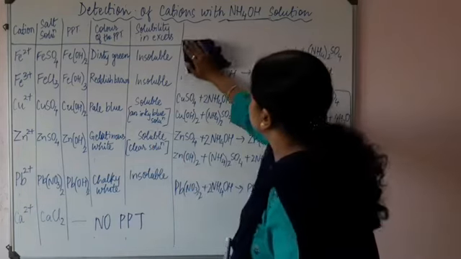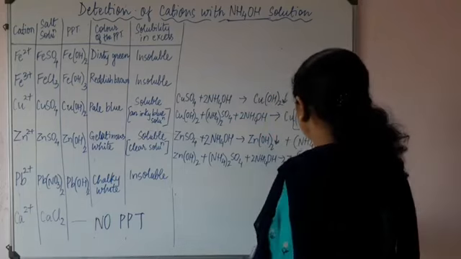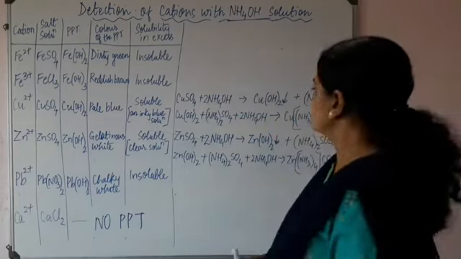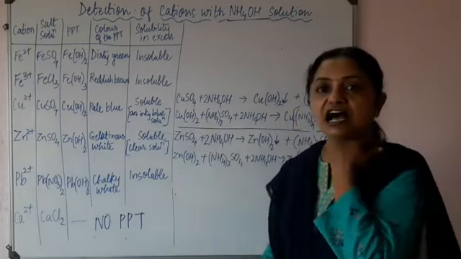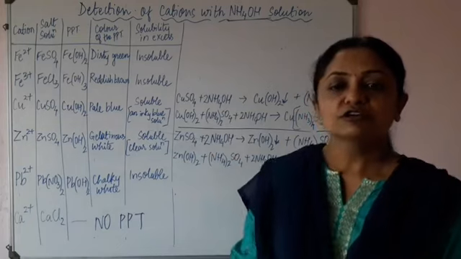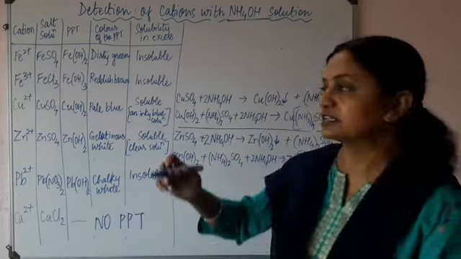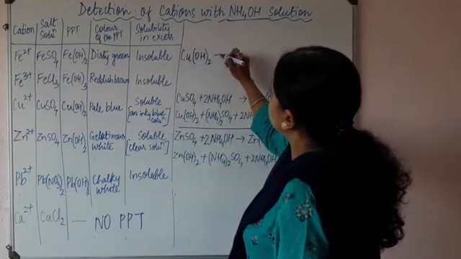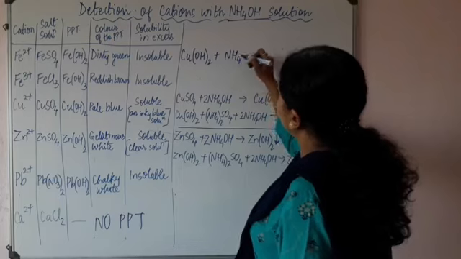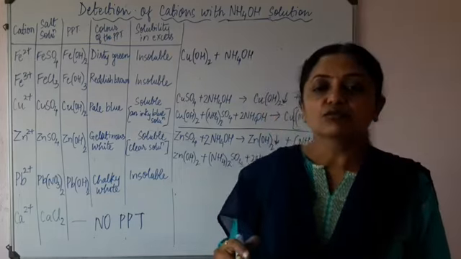Now I will be rubbing the upper part, and I will show you one more way we can write the reaction. See here, these two reactions are of copper. If we want to write the reaction in one more way, that is cupric hydroxide, and we are adding ammonium hydroxide in excess. So then what are we getting?